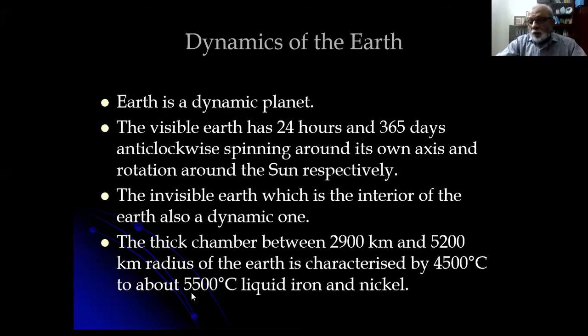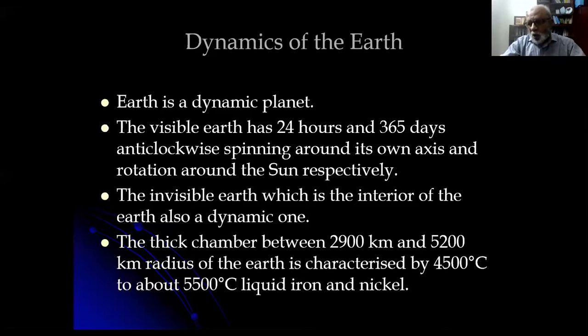That's in motion, as the Earth is spinning in 24 hours, anti-clockwise from west to east. That's why we can see the sun rise from the east, and Earth is rotating around the sun in 365 days.